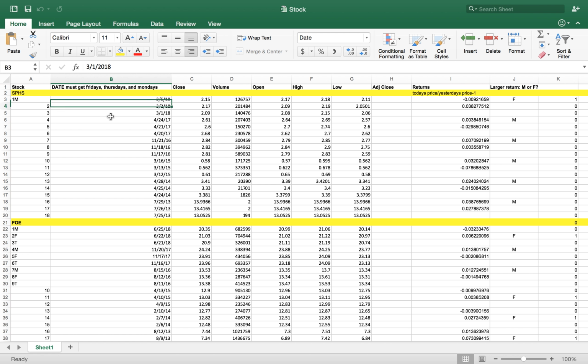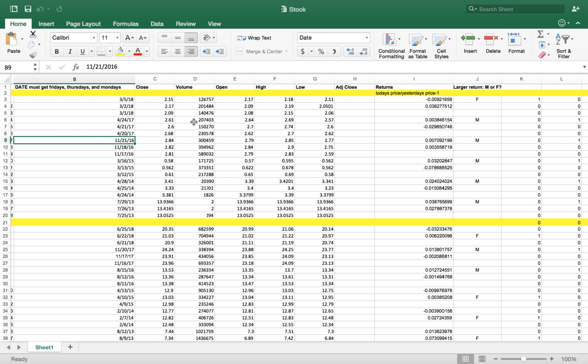I collected pairs of dates every year from 2018 to 2013 for each stock. You see there are 3 for 2018 here, then 3 for 2017, 3 for 2016, 3 for 2015, 14, and 13, and so on.